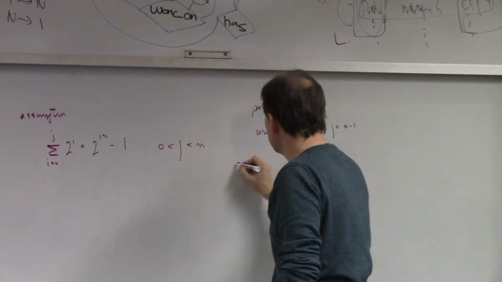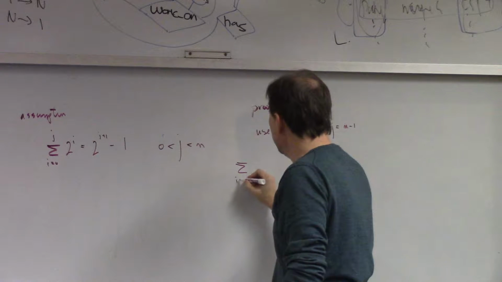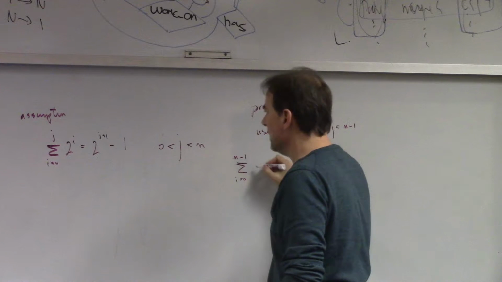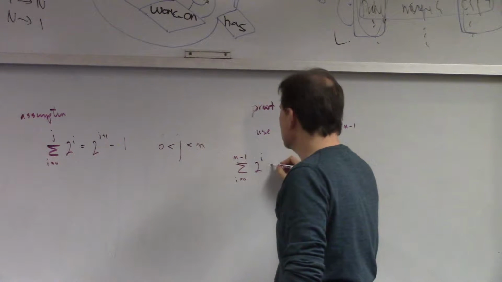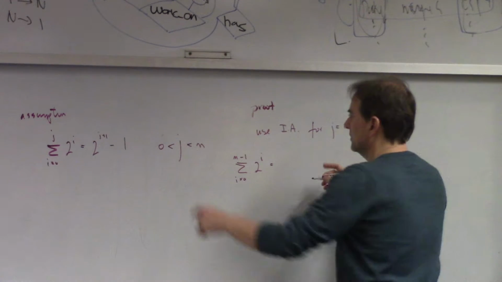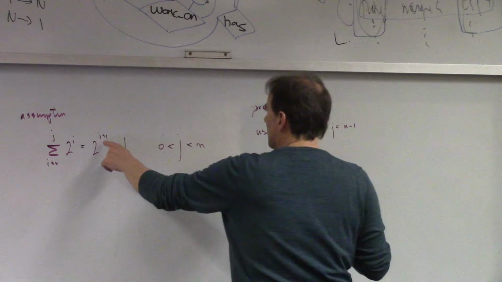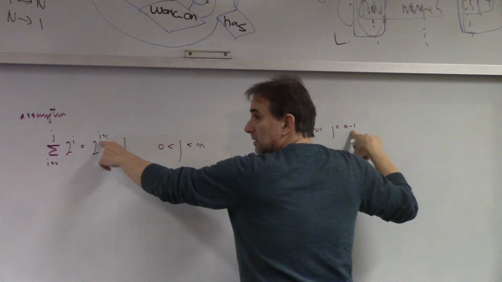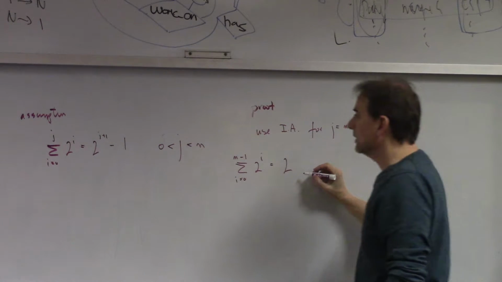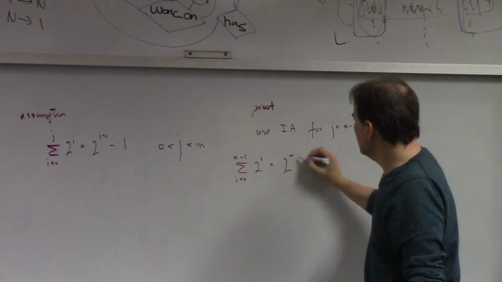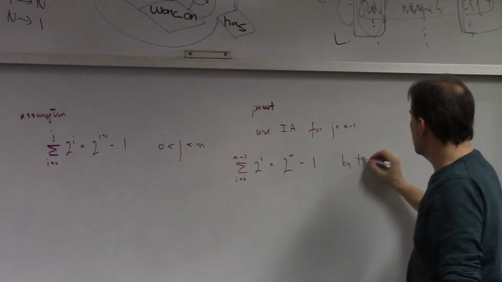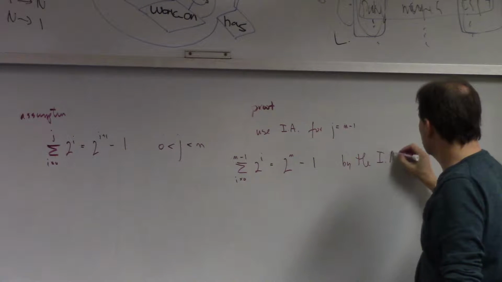So we're going to say the summation as i goes from 0 to n minus 1 of 2 to the i is going to equal 2 to the power of j, but j is n minus 1, plus 1, so that would be what? 2 to the n minus 1. And this is by the inductive assumption.